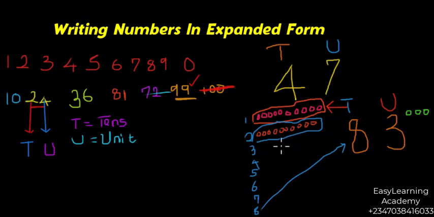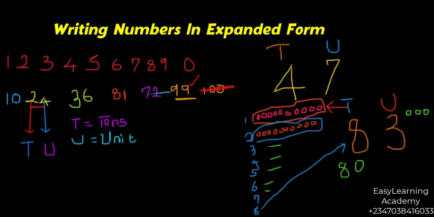Okay, now if we count all the apples that we have here: 10, 20, 30, 40, 50, 60, 70, 80. This place here is 80. This 8 here represents 80.